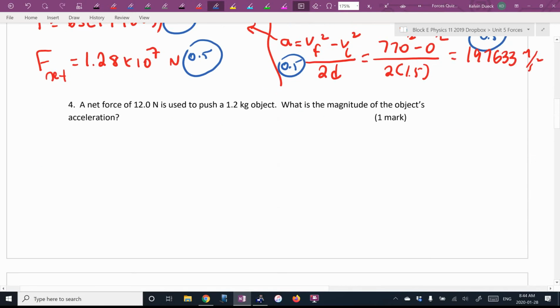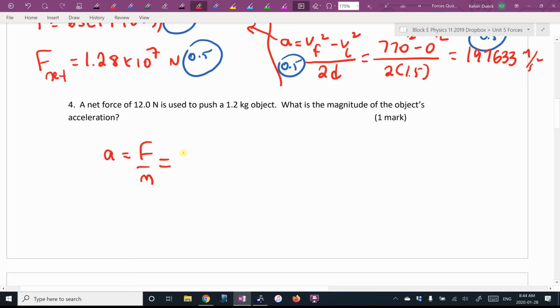Hey, how many marks, Elias, is number 4 worth? What do they want me to find? They said net force, and I'm going to use F equals MA. I rewrote it in my head because it's a pretty easy one to rewrite.